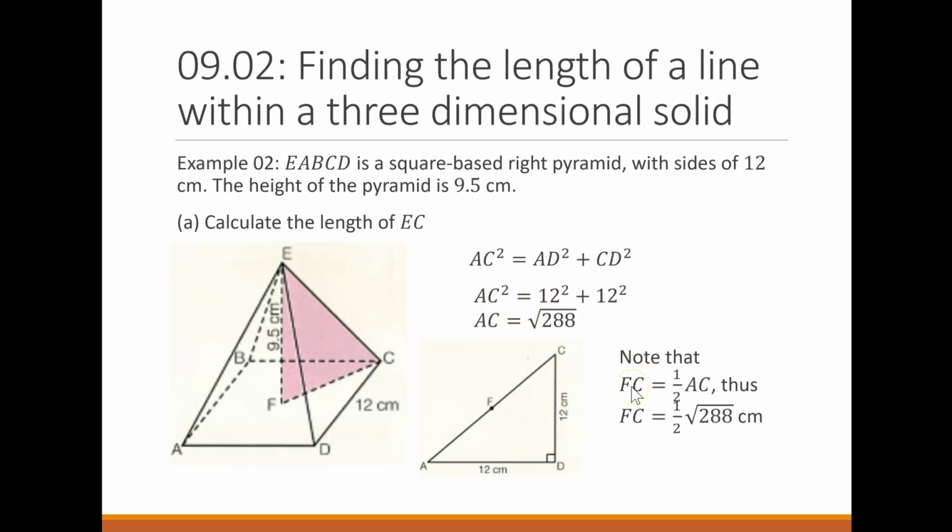And I know FC is just half of it. Is everybody okay there? So I have to recall a little bit of geometry knowledge to justify that to myself. But the nice thing about those geometry theorems is it looks like what it is, right? Like if you draw the diagonals for a square, they look like they're perpendicular. They are. They look like they bisect each other. They do.